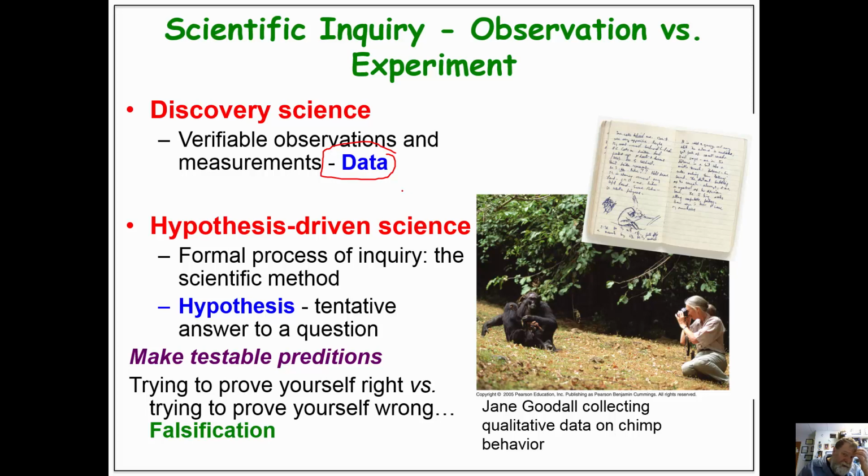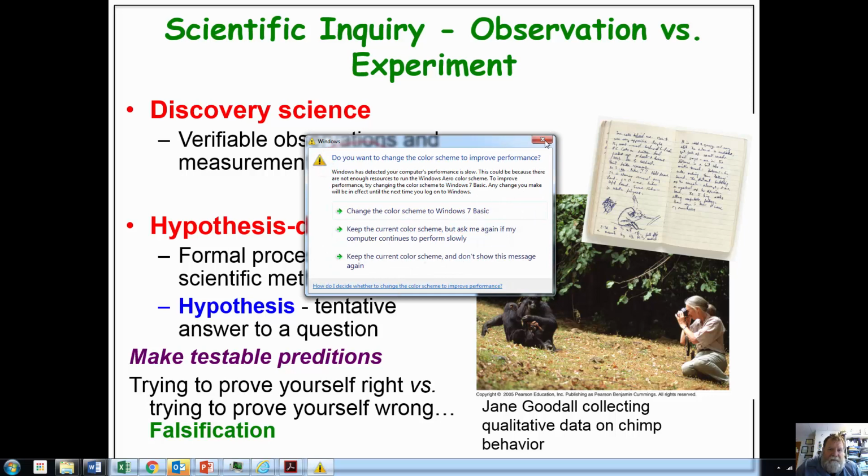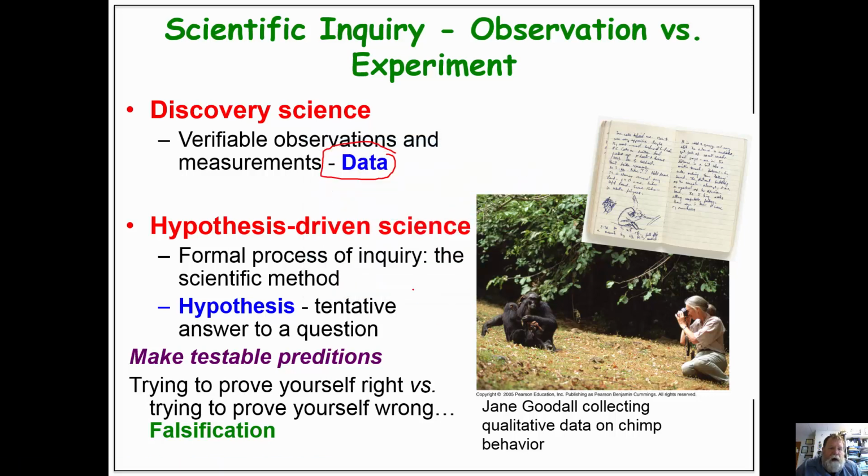Okay, that's an observation. In hypothesis-driven science, which is what we do, we actually have a formal process that we call a scientific method, and we'll cover the scientific method in a little bit. But basically in all of these we have a hypothesis. We have a tentative answer to a question, and then we test this hypothesis to see if it is true or not.